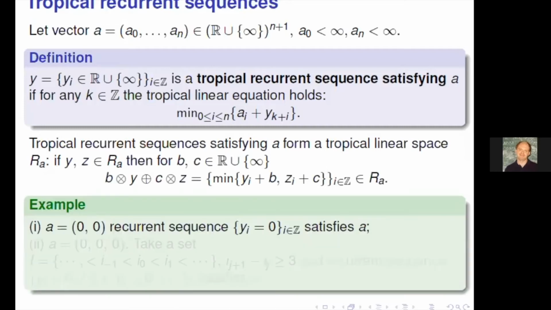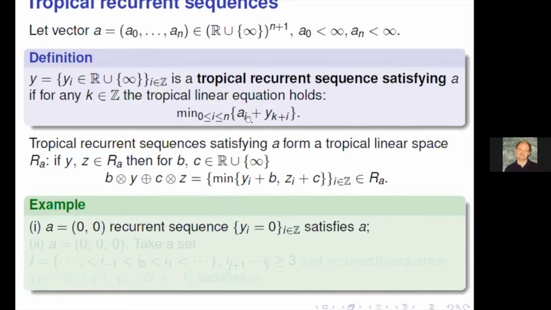Okay, and so some examples. If we consider A equal to 0, 0, so the vector of two zeros, that's the simplest case, then first of all, the sequence of all zeros satisfies A, but actually only the sequences which are constants satisfy A, nothing more, only constants.